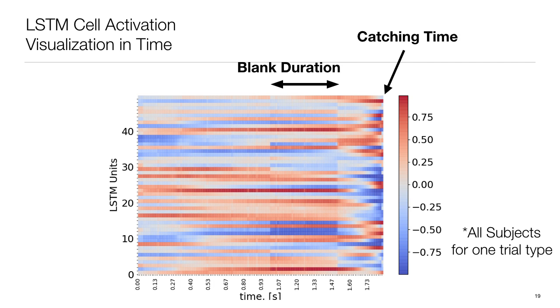For example, some of them are sensitive to the blank duration, some of them are not. That means some of them are doing maybe some type of extrapolation, that's what we guess, but other ones are trained in a way that they are sensitive to when the ball actually disappeared so that they can convey other temporal information for future time steps.